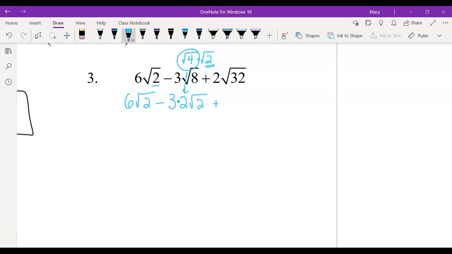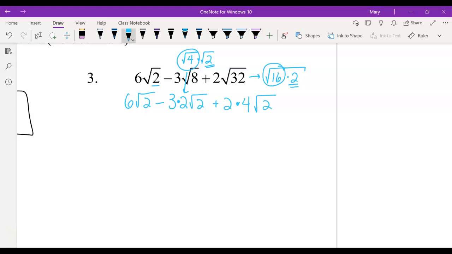And then our last one, we have the 2. The square root of 32 is the same thing as the square root of 16 times the square root of 2. And we know the square root of 16 is 4. So we're going to bring the 4 out. We take the square root of 16, but we leave the square root of 2 behind because that did not have a perfect square.